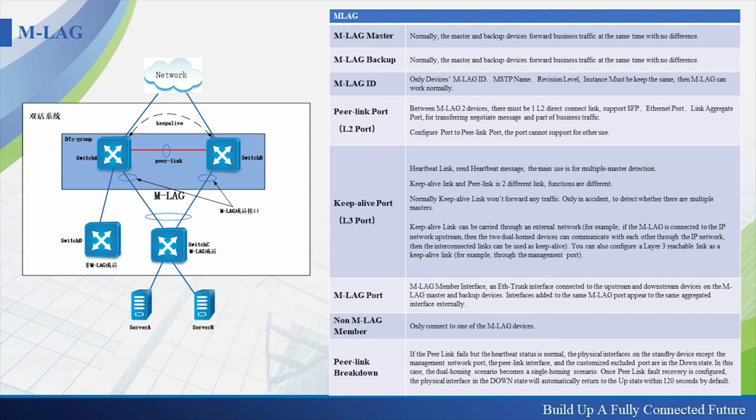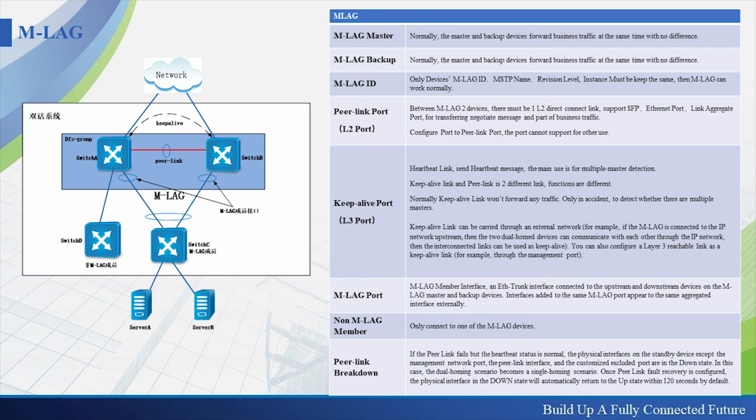For the MLAG, there are some names you need to remember: the MLAG master and the MLAG backup, and the MLAG ID. For the MLAG ID, we need to keep the ID the same for the master and the backup, just like the VRP. Also, we need to connect the peer link port between the two devices, between the master and the backup.